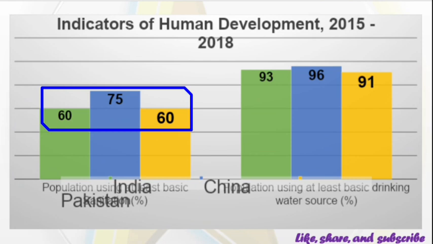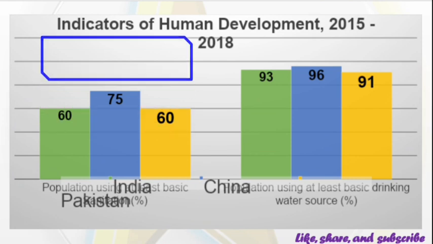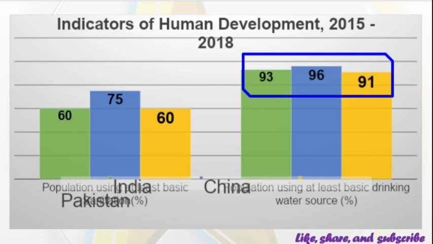Around 93% of people in India had access to a basic drinking water source. 96% of people in China and 91% of people in Pakistan had access to a basic drinking water source.